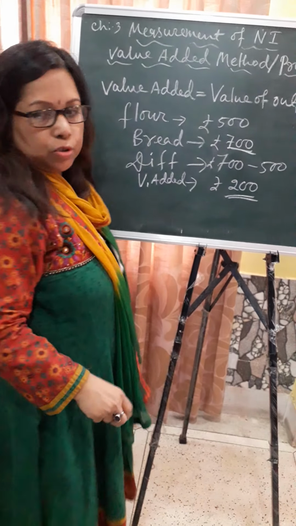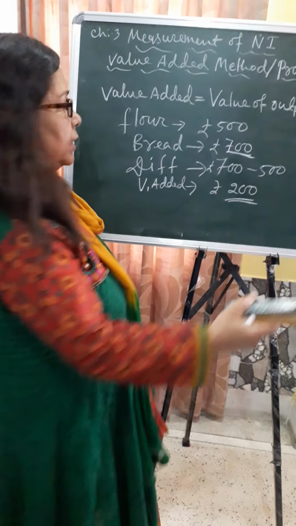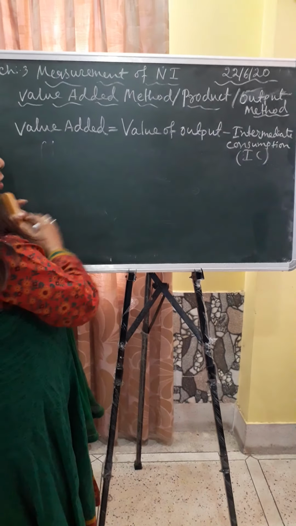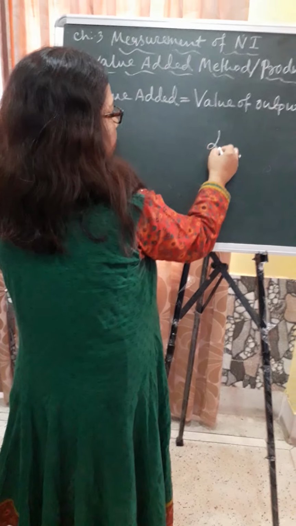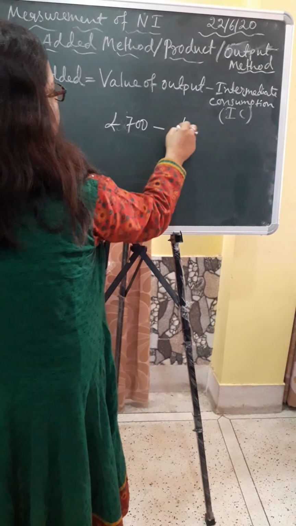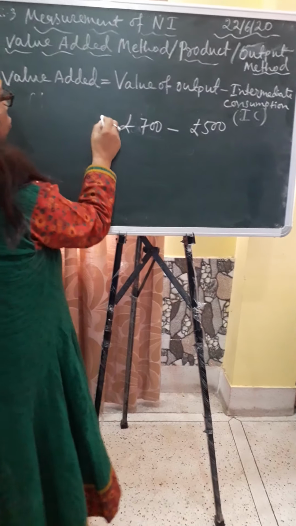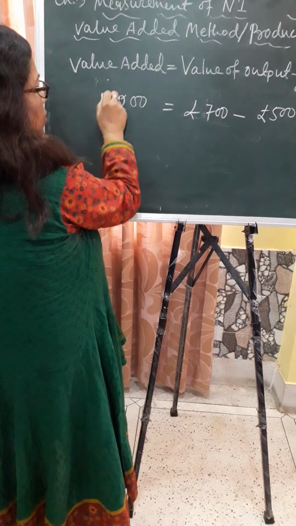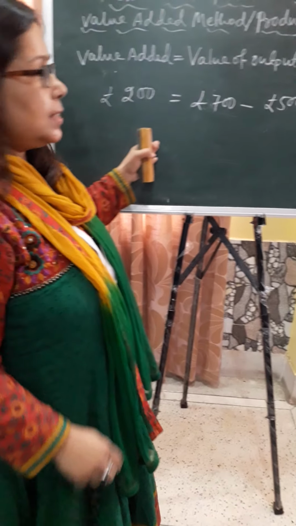In such a way value added method is calculated. Clear? Value of output rupees 700 minus intermediate consumption rupees 500 equals value added rupees 200.